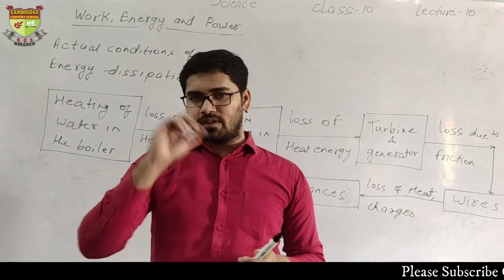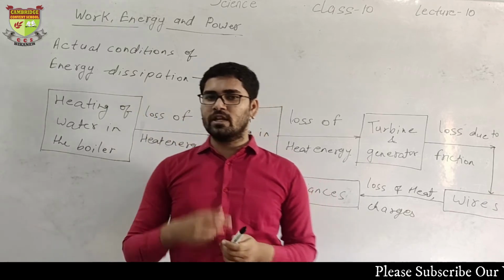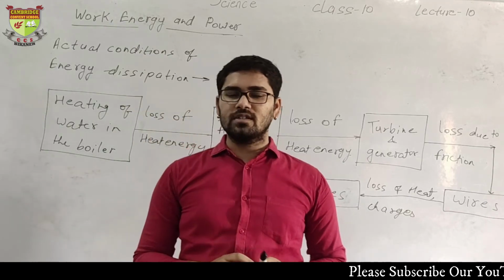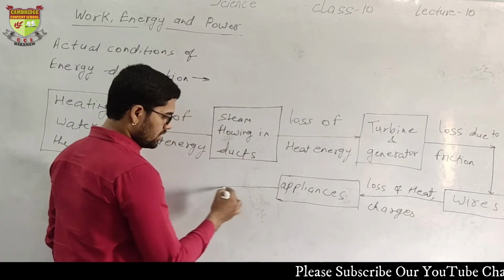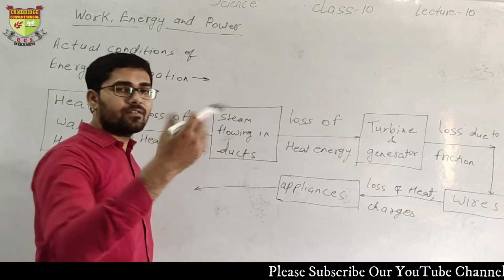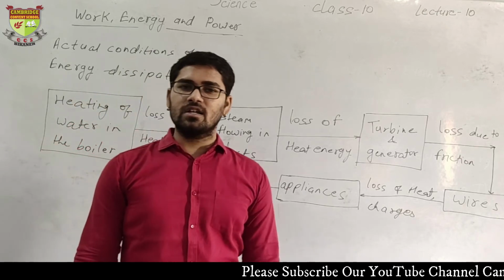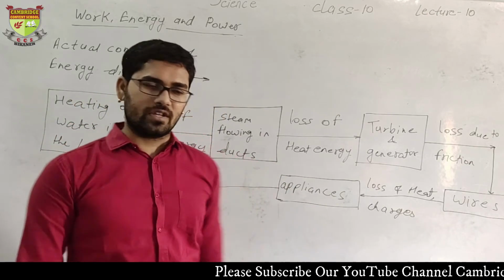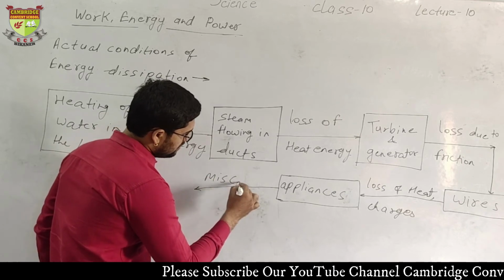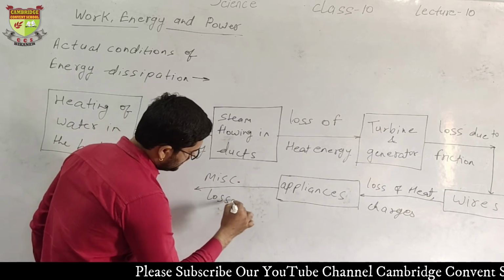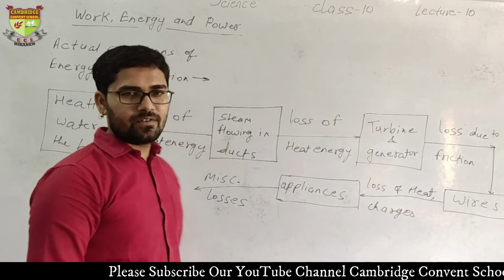In the fan, when the fan rotates, it gives us cooling, but the motor of the fan also gets heated. So there are also some losses. In houses, different types of appliances are there, so different losses also occur there. So I will write miscellaneous losses. There are lots of different losses.